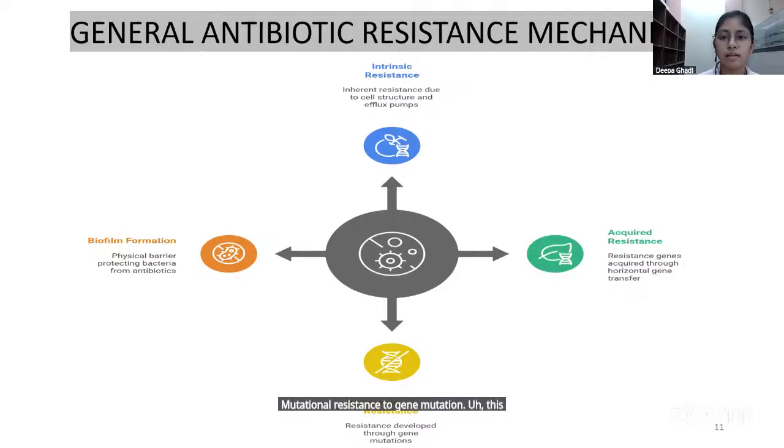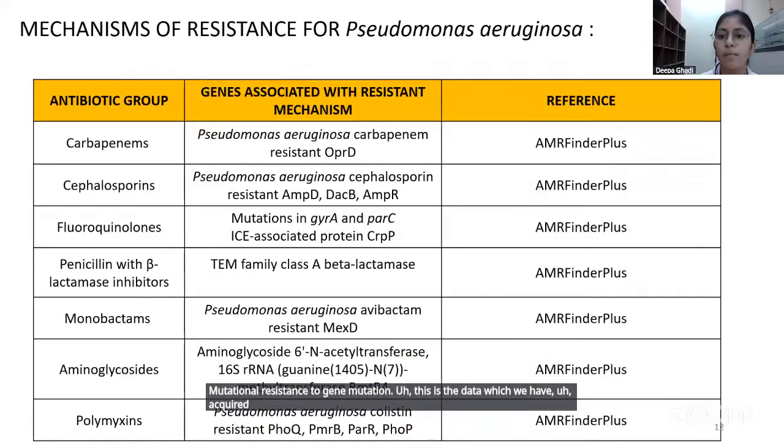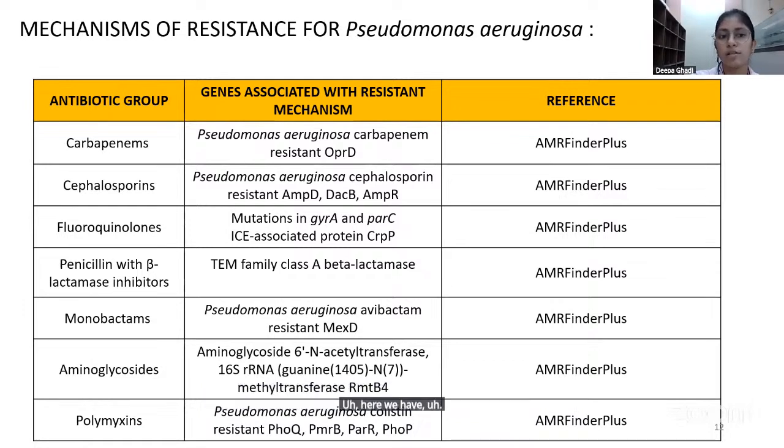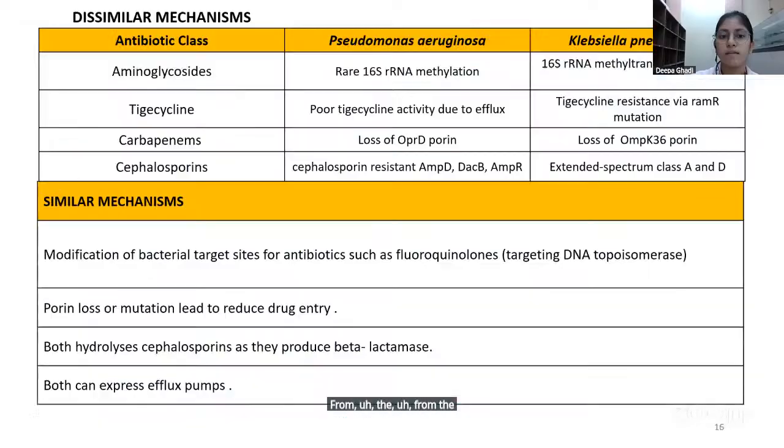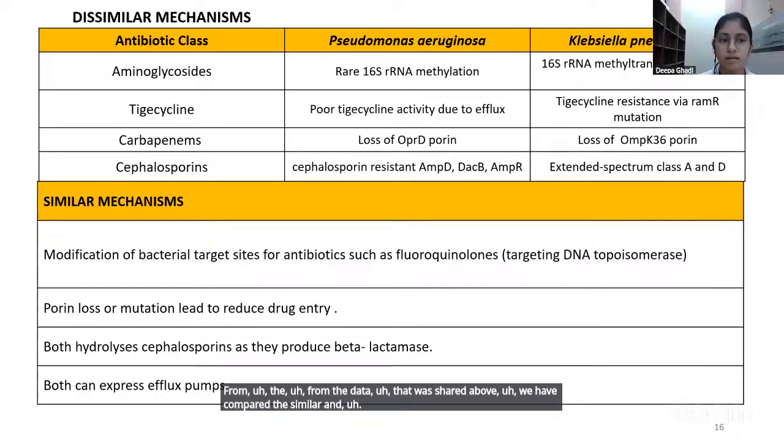This is the data which we have acquired using AMRFinderPlus. Here we have got the genes associated with the resistance mechanism of particular antibiotics which are used for the treatment of Pseudomonas aeruginosa. This is the software, and similarly we have Klebsiella pneumoniae. From the data shared above, we have compared the similar and dissimilar mechanisms.